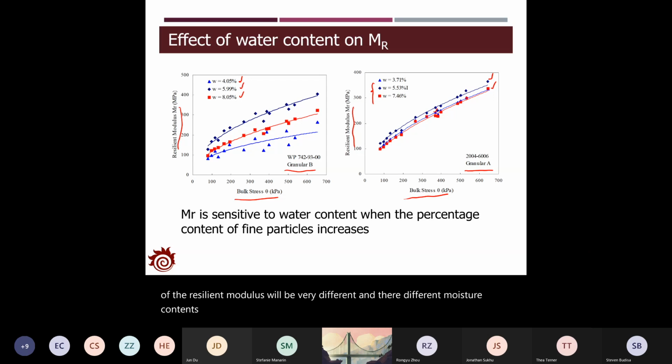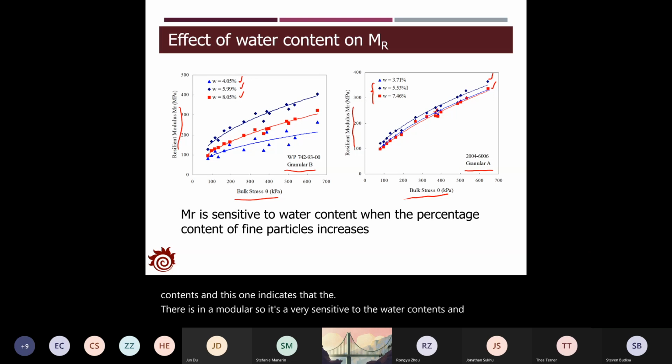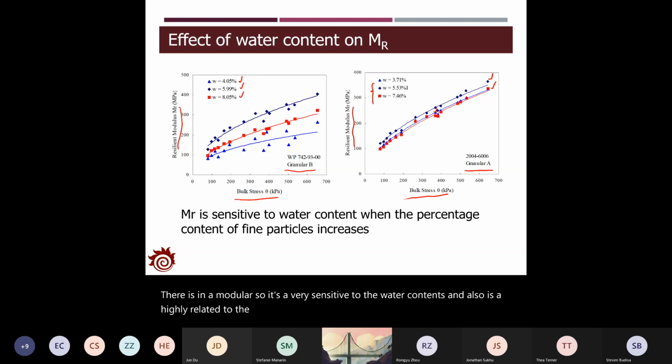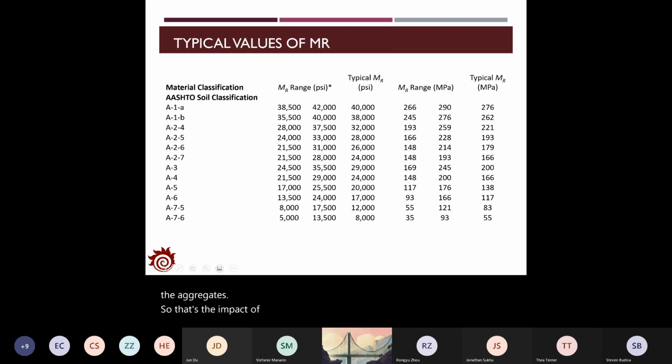This indicates that the resilient modulus is very sensitive to the water contents, and is also highly related to the percentage of fine particles in the aggregates. Usually with higher values of fine particles, the resilient modulus will be smaller, but it still depends on the structure or the grain size distribution of the aggregates. So that's the impact of the moisture contents.